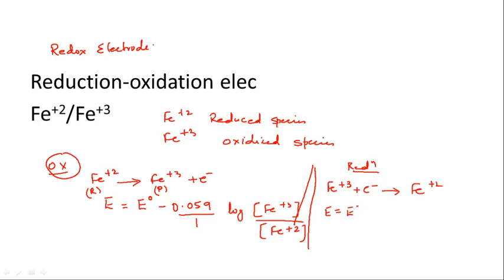Your Nernst equation will be E is equal to E naught minus 0.059 divided by 1, log of concentration of your products, that is Fe2+, divided by concentration of Fe3+. So you have to write always concentration of the products divided by concentration of the reactant, depending upon what type of reaction.